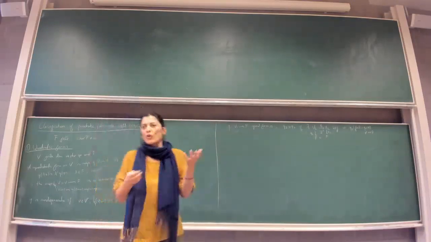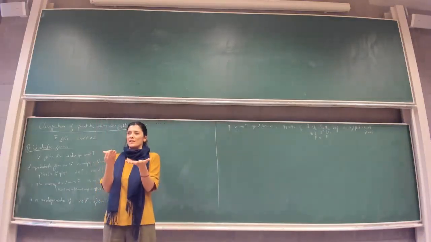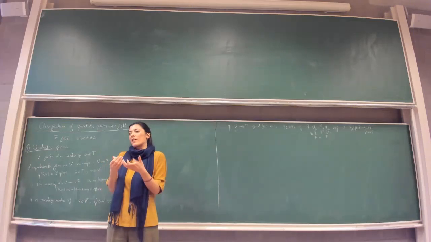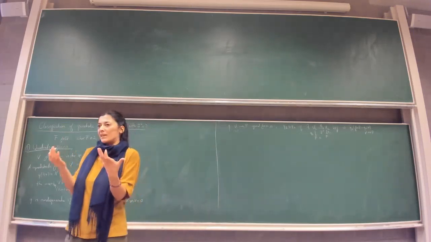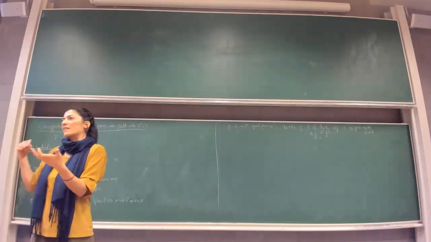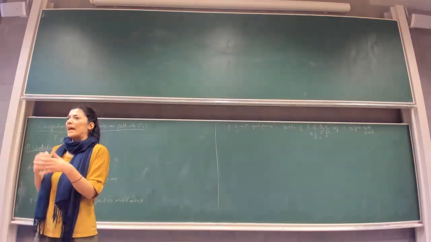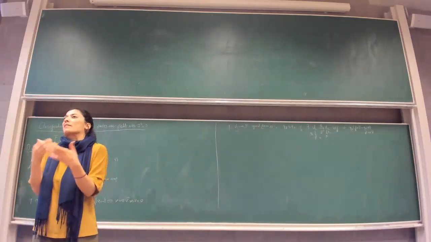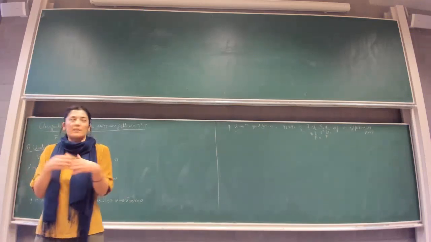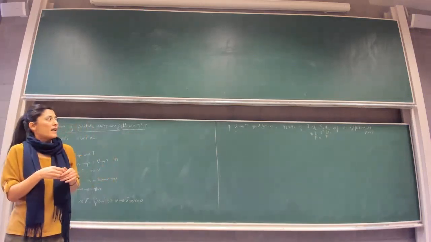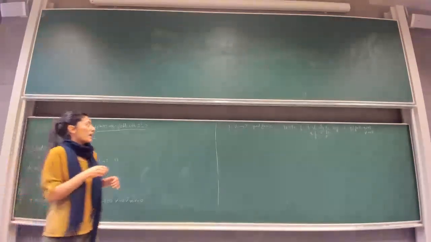Yes, isometry. Okay, so we want to determine the isometry classes of this object, and for this purpose, there are some invariants, so-called classical invariants, that are attached to quadratic forms, and we expect them to help us to deal with the problem.